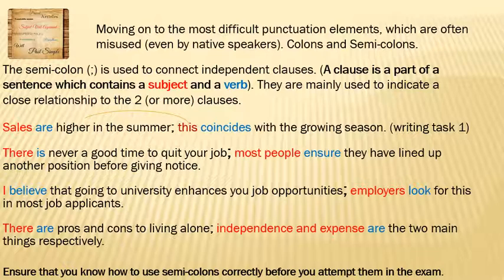Okay, the other one you can read on your own. But please ensure that you know how to use semicolons correctly before you attempt them in the exams. Practice and practice. The structures are not that difficult, so once you've practiced several times and you understand it, you should be able to do it.